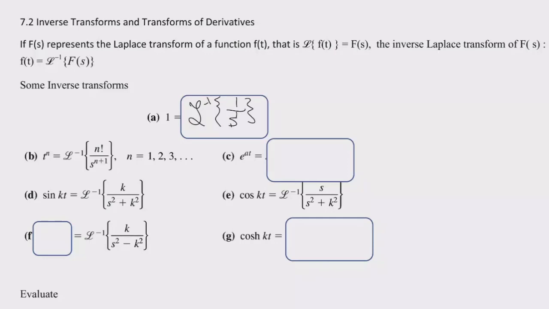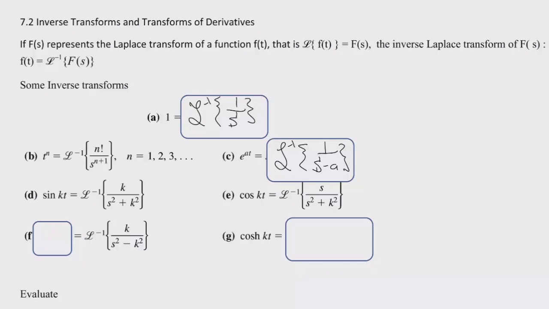And so you can kind of see similar patterns here. e to the at, sorry, that would be the inverse Laplace of 1 over s minus a. Let's see, then you got sine of kt.